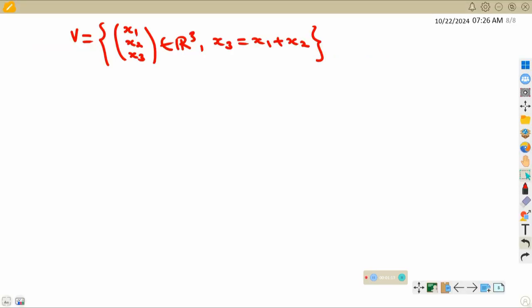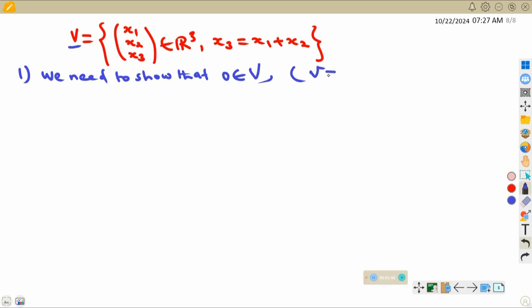Now, we begin with the first condition. The first condition, we need to show that a zero vector is an element of this set V. So that is, in other words, you need to show that V is actually not empty.